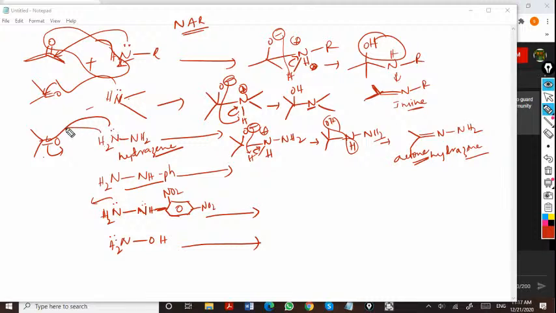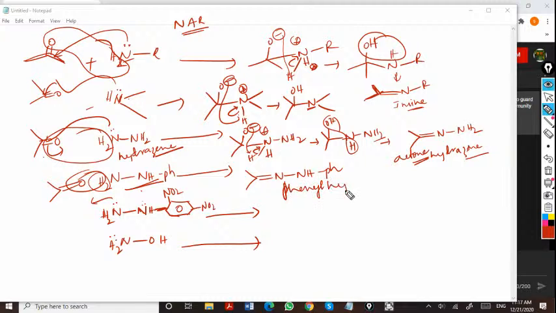So what you understand? This H2O will leave and it is going to form a double bond. Similarly, H2O will leave and form a double bond. You can write the product directly. So this is phenylhydrazone, made from acetone: acetone phenylhydrazone. Not only ketones, you can take aldehydes also.